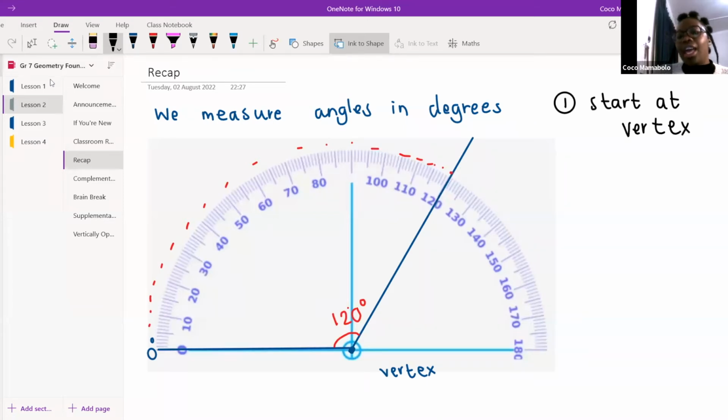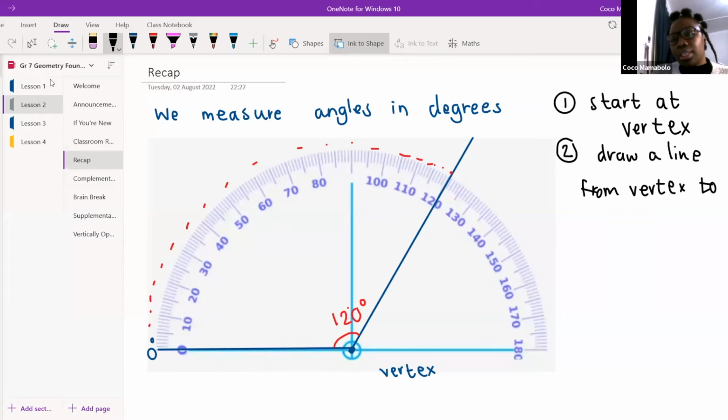Good. Number 2, I draw a line from my vertex to, Kemi Setso has already given us the answer, from the vertex to 0 degrees. Good. And then I draw another line.